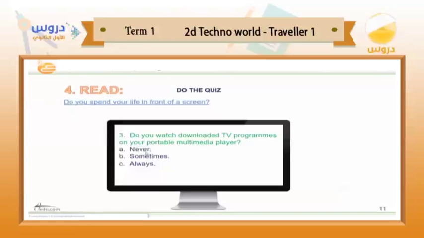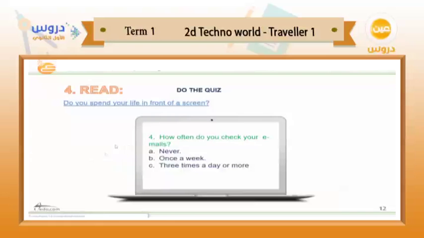A. Never. B. Sometimes. And C. Always. Next question. How often do you check your emails? A. Never. B. Once a week. Or C. 3 times a day.